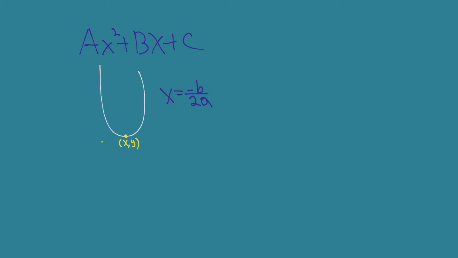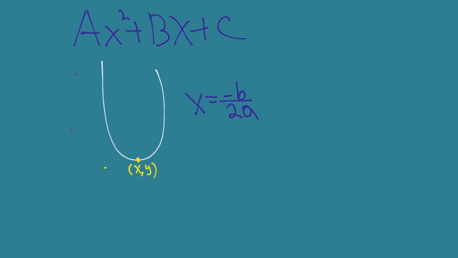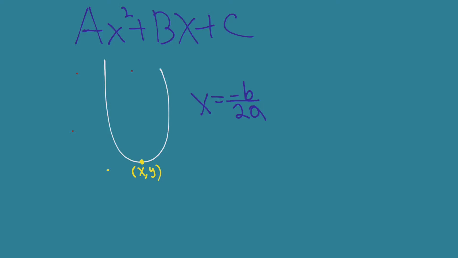Now if we're looking for the axis of symmetry, or the axis where the graph of the parabola is broken up into 2 equal, congruent halves, all we need to do is use this right here. We find our b, we find negative b divided by 2a.